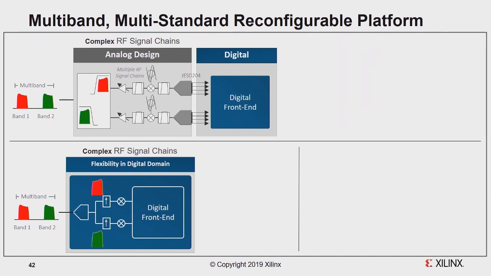With only one DAC, we have two different DUC upconverters. One path can generate 3.5 gig with an NCO frequency, and on the other path we set another NCO frequency at 4.9. So we can generate two different frequencies on one single DAC platform.